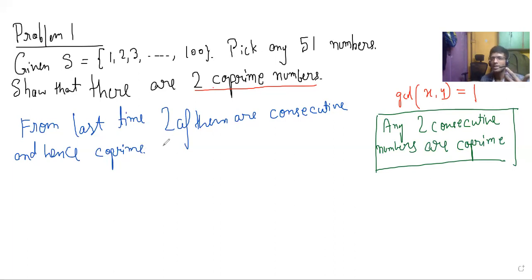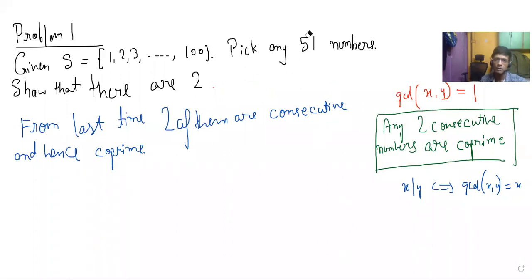Yes, because if one divides the other, then you get the maximum possible GCD. If X divides Y, this means that the GCD of X and Y is X, given X is less than Y. This is the maximum possible GCD. We want to prove that the opposite is also true: there exist two numbers X and Y such that X divides Y. Let's see if this is correct even.